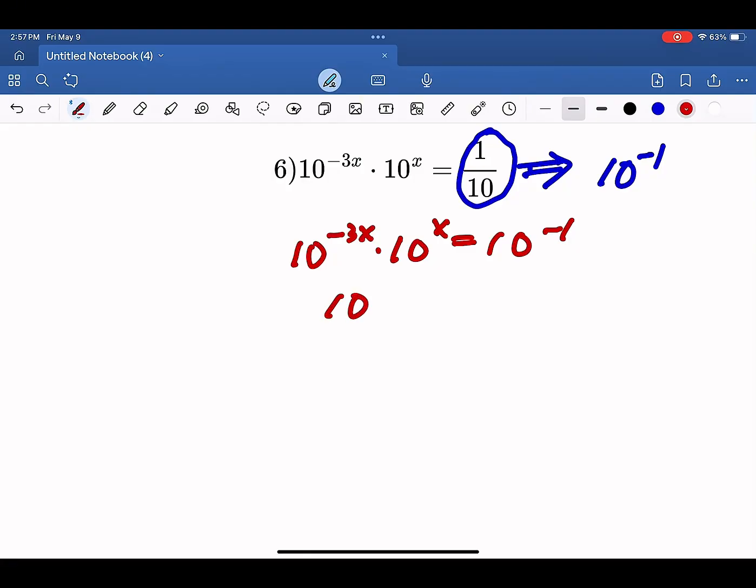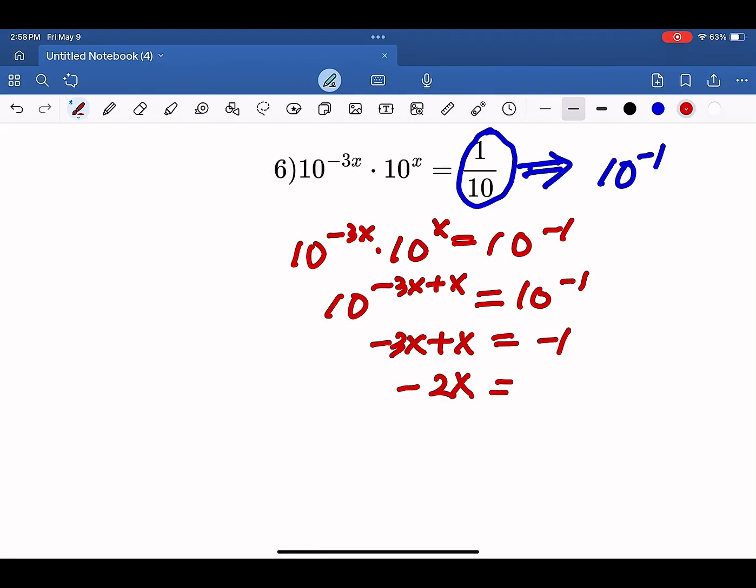Now you add the exponents on the left-hand side. Negative 3x plus x equals negative 1. Negative 3 plus 1 is negative 2. So negative 2x equals negative 1. You divide by negative 2 on both sides. Negative divided by negative is positive. So x equals 1 over 2.